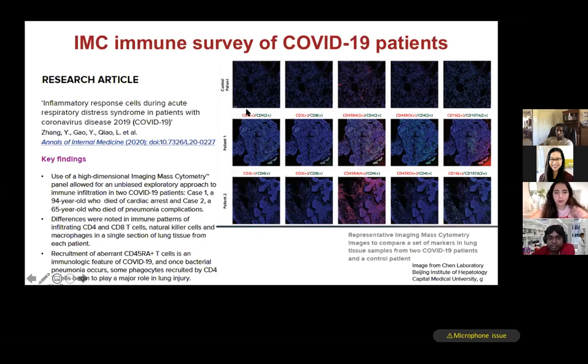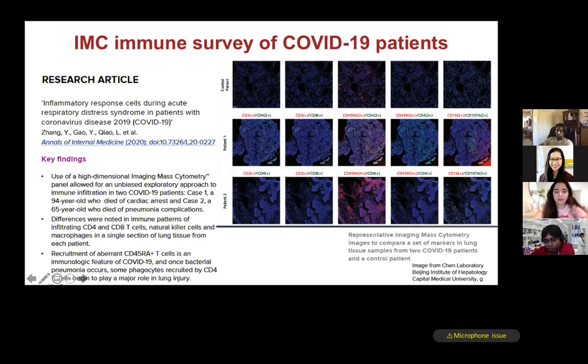So what you see here is different markers like CD3, these are all T cells. CD3 plus CD8 is basically T cytotoxic cells, and this is T helper cells. And you have CD45RO, which is like T memory cells, and CD16, I don't know what CD16 is. But what you can see here is there's a lot of infiltration of CD45RO in this patient.